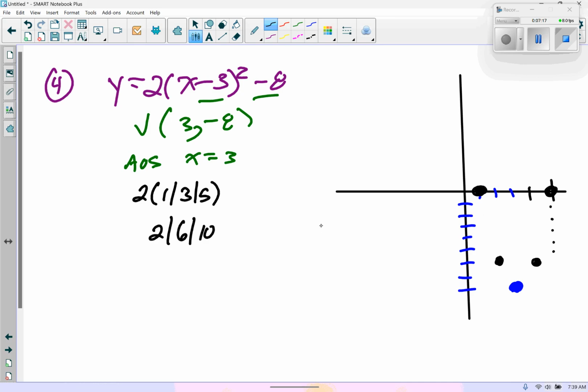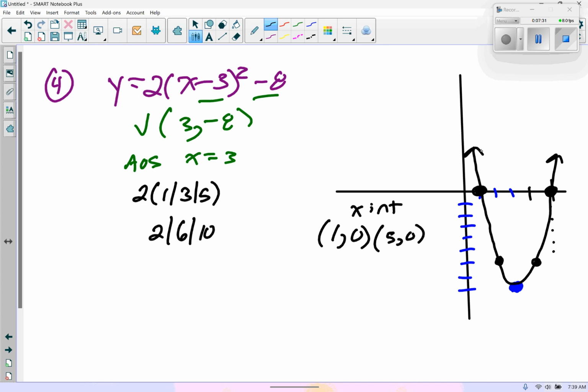So those two values, because they fall right on the x-axis with those points, is going to be 1, 0, and 1, 2, 3, 4, 5, and 5, 0. Those are my x-intercepts. We have enough information to draw our parabola. Looks like that. My y-intercept is going to be 0 comma something. Plug 0 into the original equation.